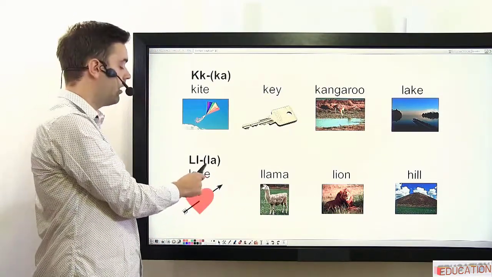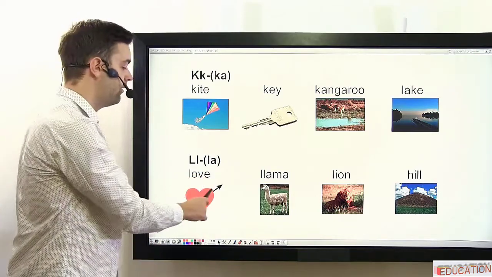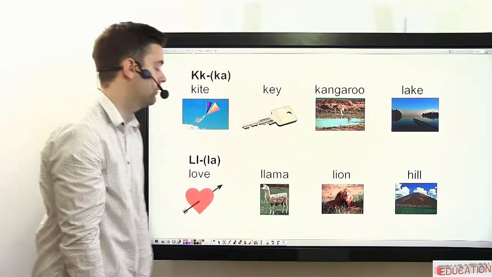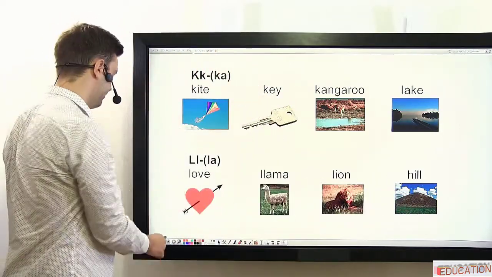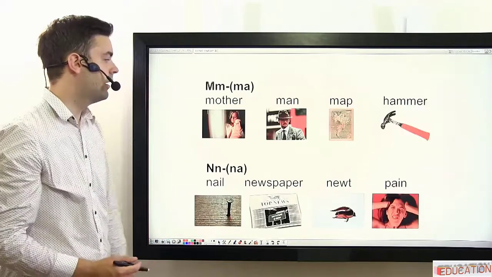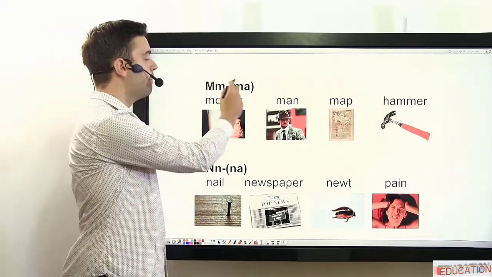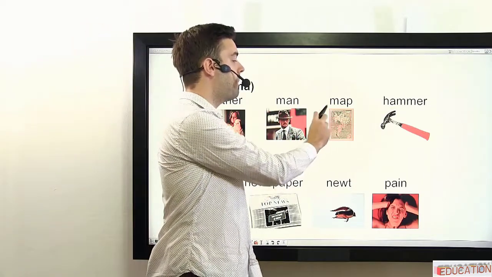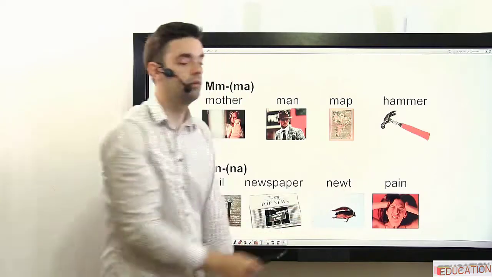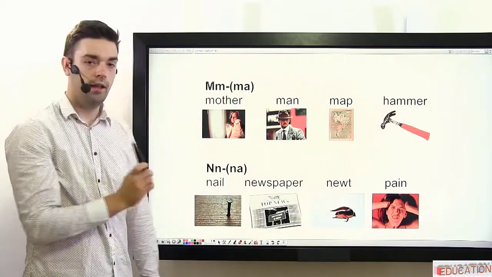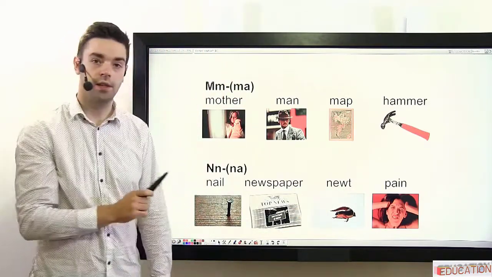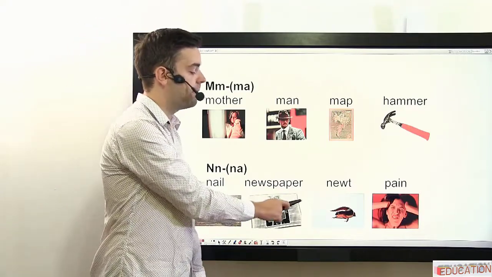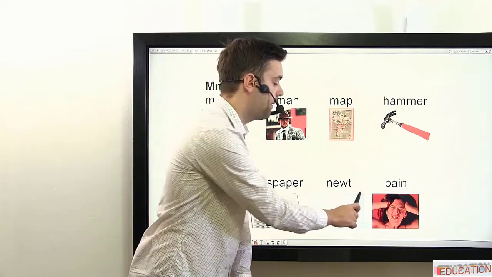L: love, llama, lion, hill. M: mother, man, map, hammer. N: nail, newspaper, newt, pain.